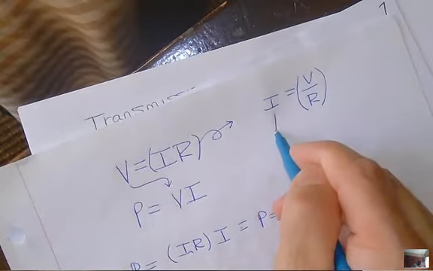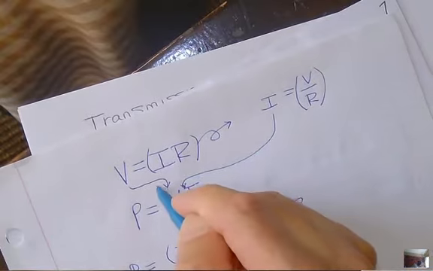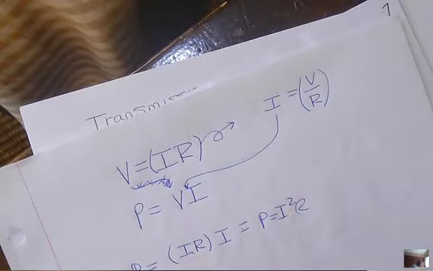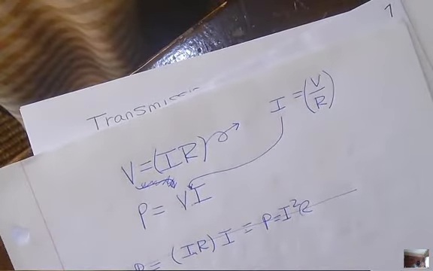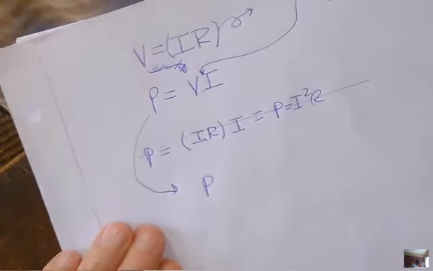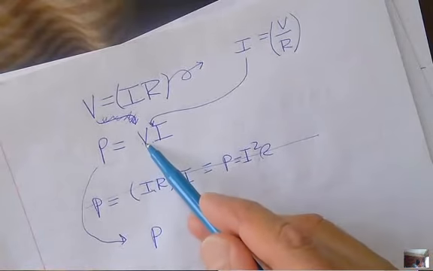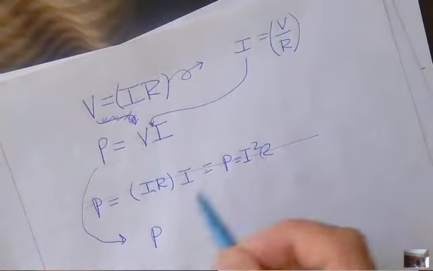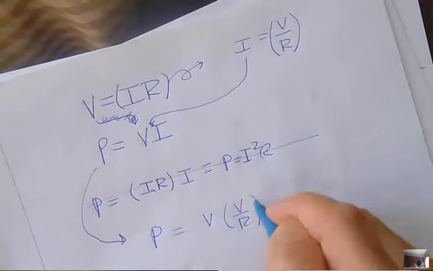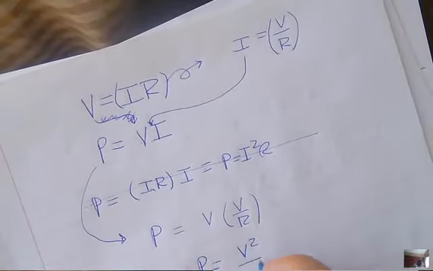Substituting in for I, I get V times V over R, and then I could simplify that. What's V times V? V squared over R.